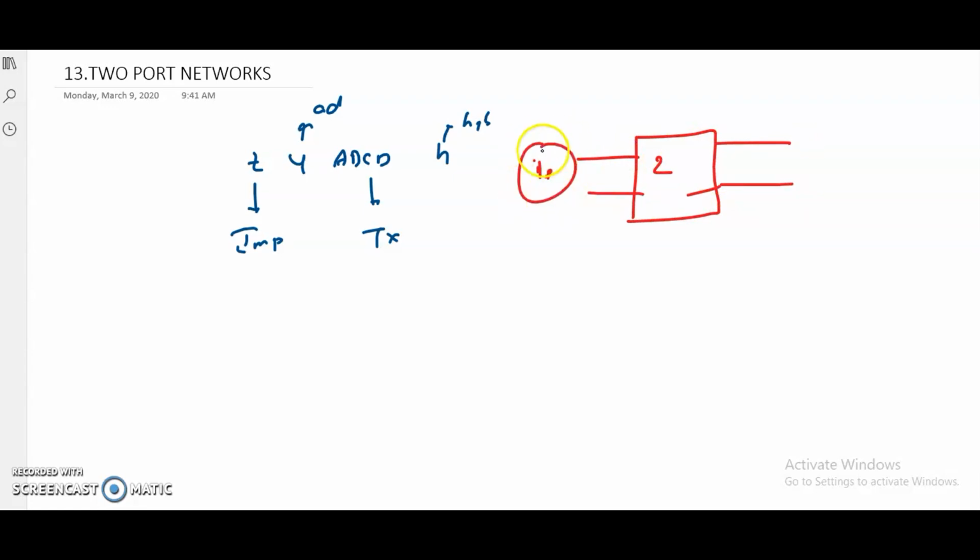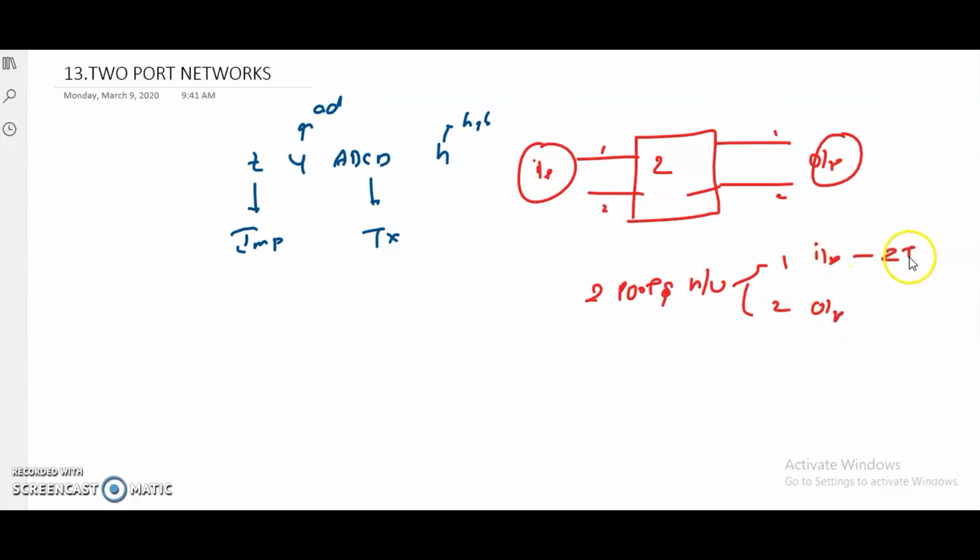Out of the 2 ports, one port is the input port and the other one is the output port, and each and every port contains 2 terminals. The first terminal and the second terminal, and the output port also has 2 terminals. So the 2 port network has one port at the input side and the second port at the output side, each with 2 terminals.